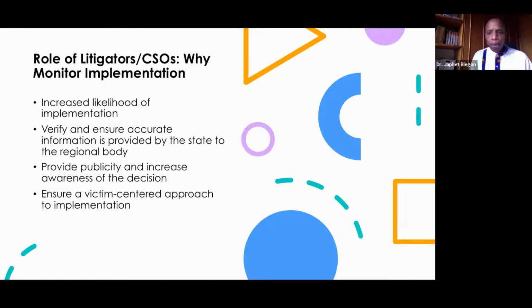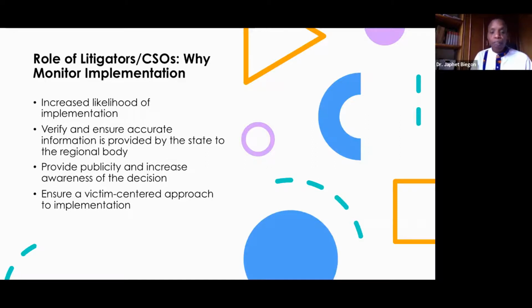So it's important to engage so that you can provide to the court, to the commission, accurate and verifiable information. And as I said earlier, Rule 81 of the Court's Rules 2020 provides the court the power, the mandate, to collect information from a variety of actors. The same applies to the new rules of procedure of the commission.